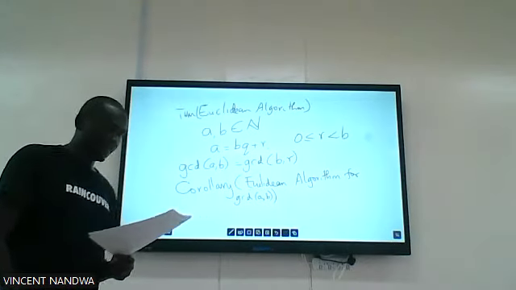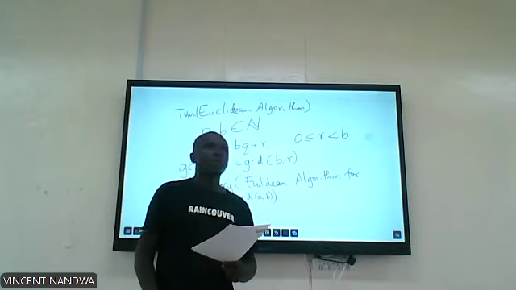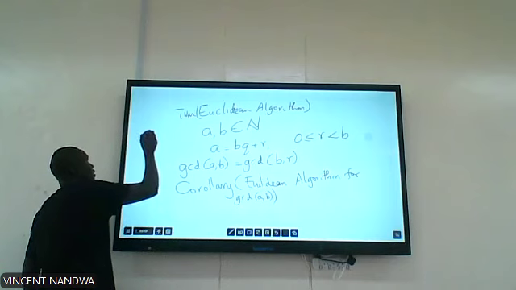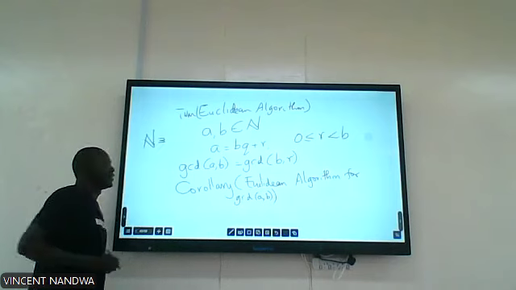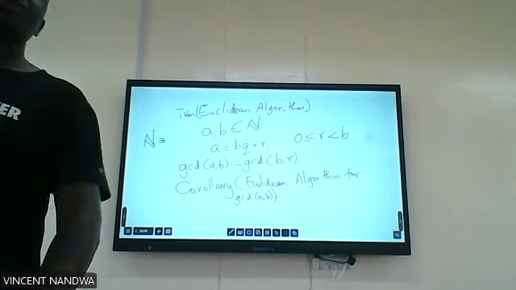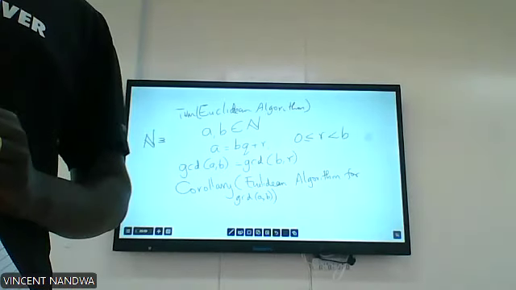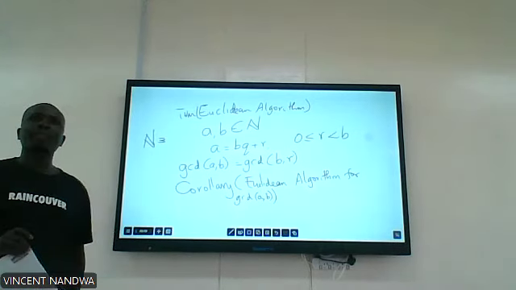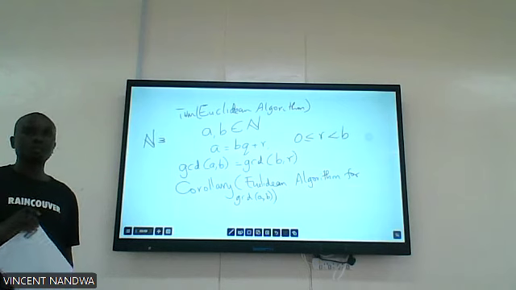Corollary. For two natural numbers A and B, and please know, if you remember what we previously defined, natural numbers is equivalent to positive integers, okay?